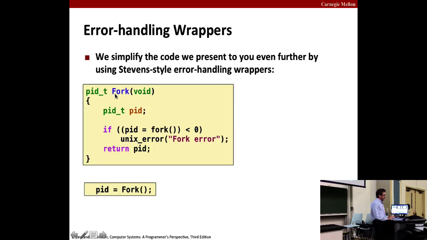This wrapper calls the original function, checks for errors, and if there's no error, returns what the original function would have returned. So the behavior of the wrapper is identical to the wrapped function if there's no error. If there is an error, it deals with it somehow and prints a message. This allows us to make our code really compact without violating the hard and fast rule that we have to check for errors.